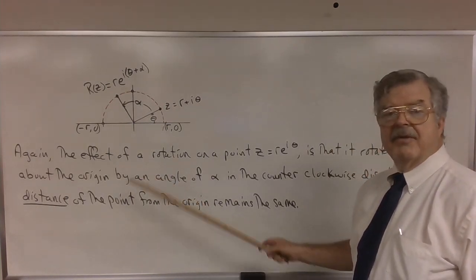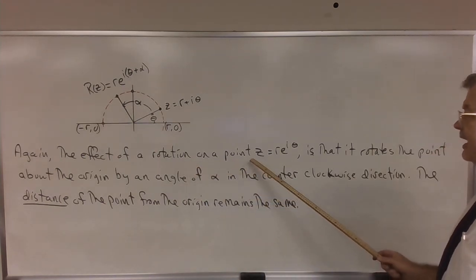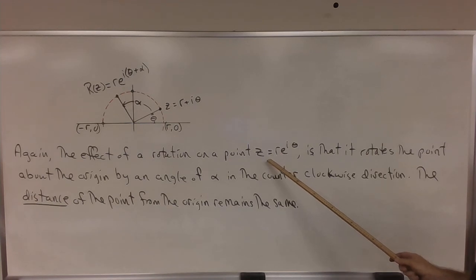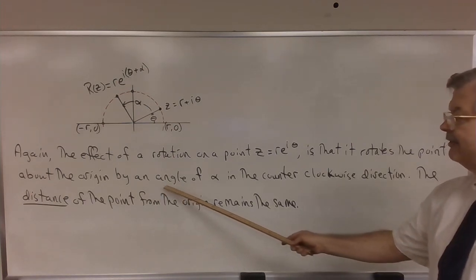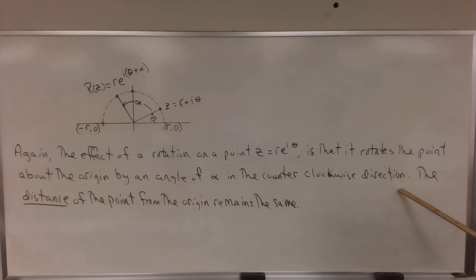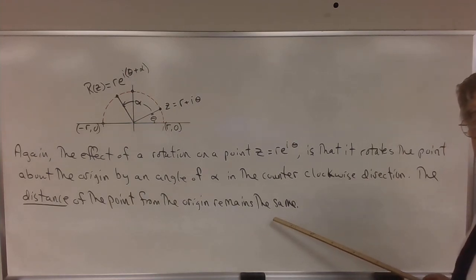So in summary, the effect of a rotation on a point z, any complex number z equals r e to the i theta, is that it rotates the point about the origin by an angle of alpha in the counterclockwise direction. The distance of the point from the origin remains the same.